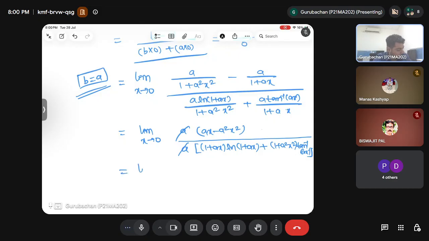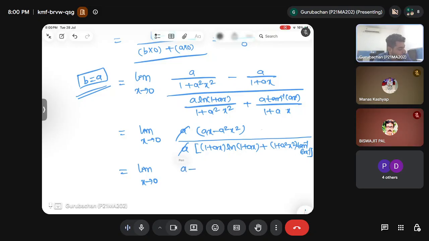So again it is a 0 by 0 form. Does anybody have any problem seeing that it is again 0 by 0 form? Yes, sir, it is correct. Okay, so now you will differentiate again.